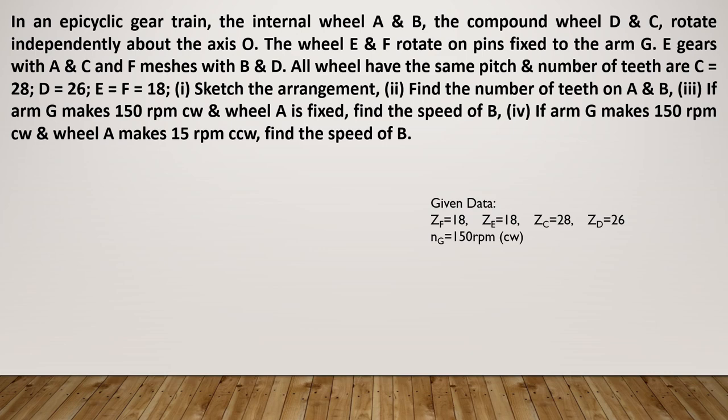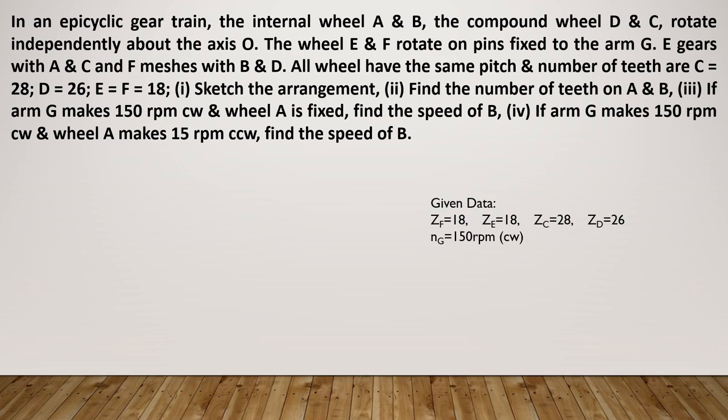Next problem. In an epicyclic gear train, the internal wheels A and B, the compound wheel B and C rotate independently about the axis. The wheels E and F rotate on pins fixed to the arm G. E gears with A and C and F meshes with B and D. All wheels have the same pitch and the number of teeth in C, D, E, F is given.